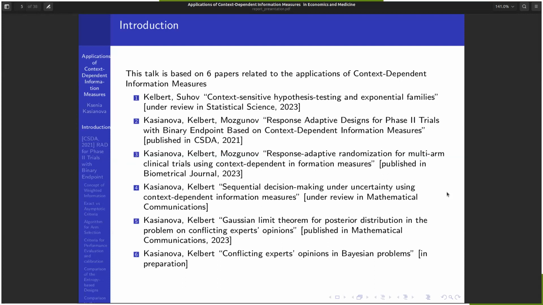In papers 5 and 6, we work with conflicting expert opinions, which is not directly related to the search problems and weighted entropy, but is a good start for specific cases when we have conflicting expert opinions. In these papers, we introduce a new prior distribution, which allows us to find the best alternative faster.